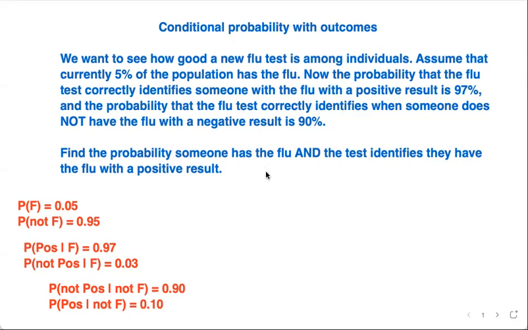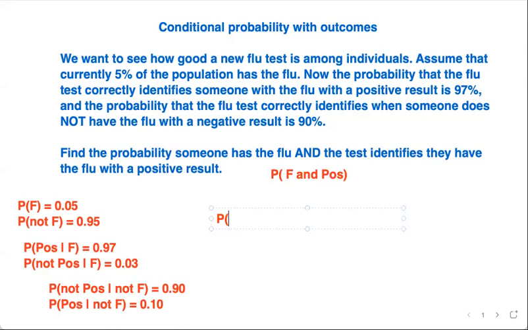Now, the final question says, find the probability that someone has the flu and the test gives you a positive result. Well, to put all these probabilities together, you have to know the formula for conditional probability.